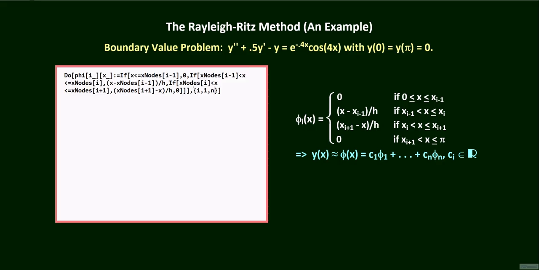Since we are using the variable phi for the phi sub i's, we call the approximate solution g of x. To define g of x, we use colon equals the sum of c sub i times phi sub i of x. We are using the colon again because of the conditional if statements in each phi sub i definition.